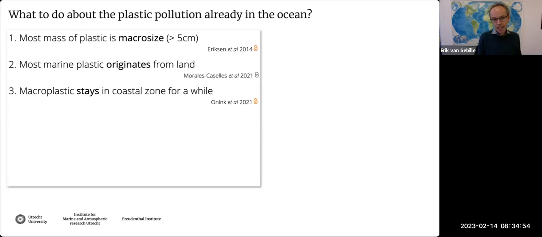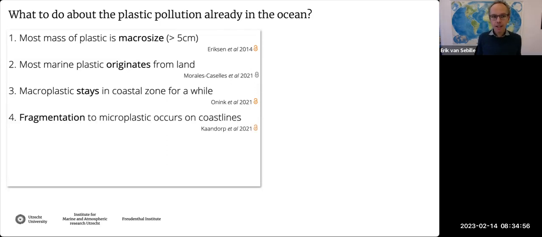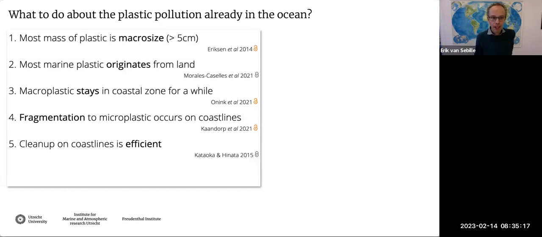And we also know that most fragmentation into microplastic occurs on coastlines. That is where an entire bottle fragments into maybe 1 million microplastics or so. That doesn't happen so much in the open ocean. The timescale of fragmentation is much faster on coastlines. And finally, we know that cleanup on coastlines is very efficient.